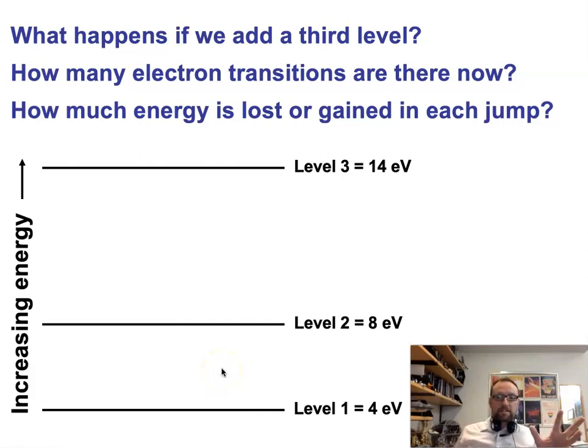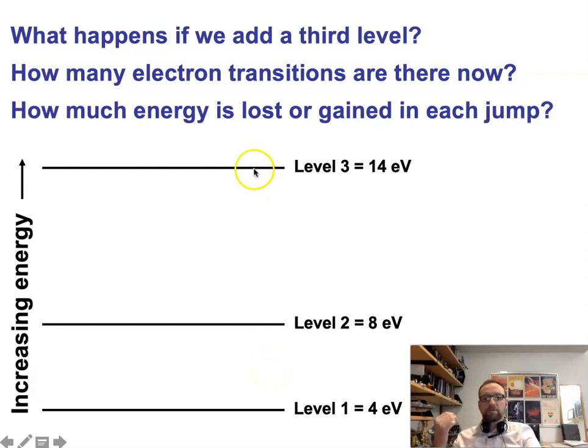If the electron does this, what kind of photon gets created? Well, remember, the photon that gets fired off has to have exactly the same amount of energy as the electron lost. So for this atom I just made up, if the electron goes from level 2 down to level 1, it has lost 4 electron volts, which means the photon that gets created has to have 4 electron volts.